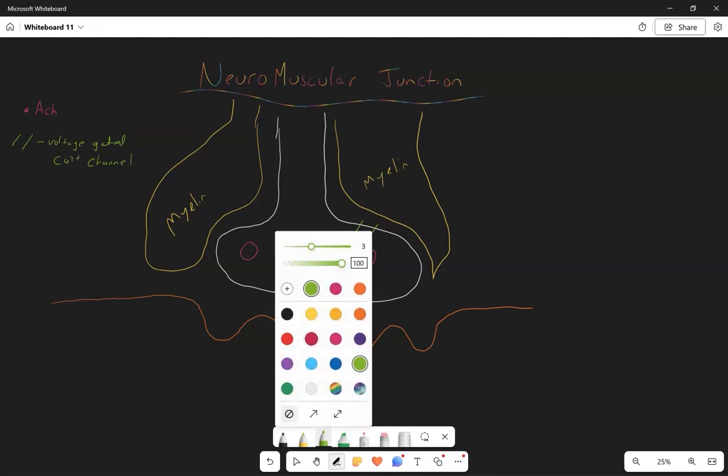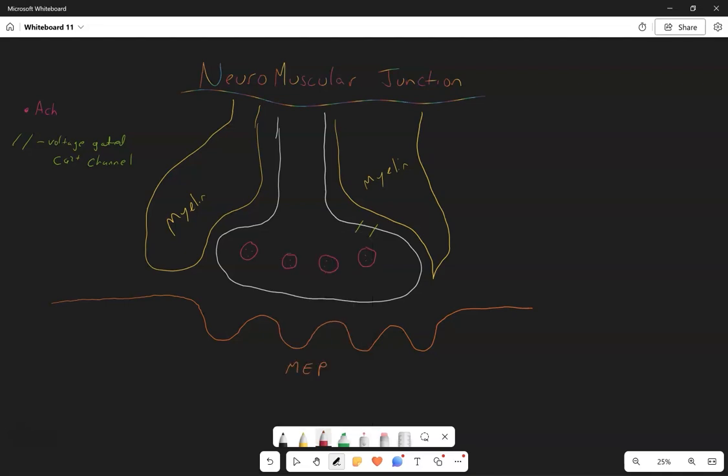Then on our motor end plate, we'll draw these in red, these are going to be ligand gated sodium channels. And the reason that the motor end plate has this highly folded sarcolemma or plasma membrane is so that we can have an increase in concentration of those ligand gated channels.